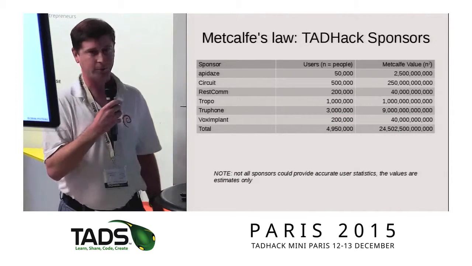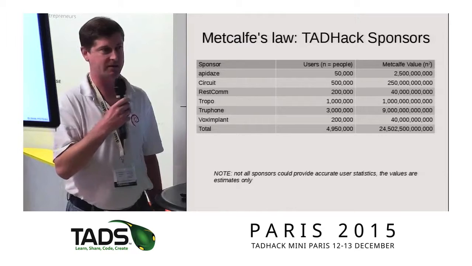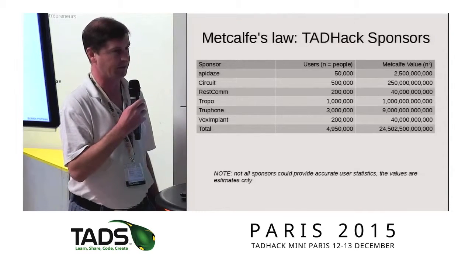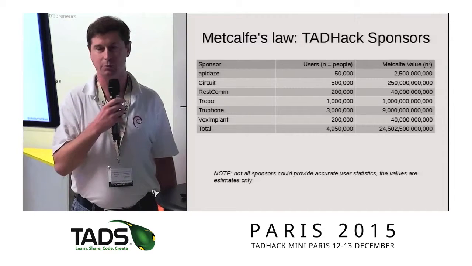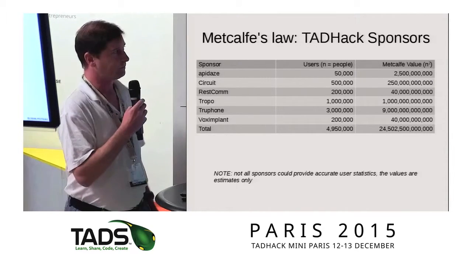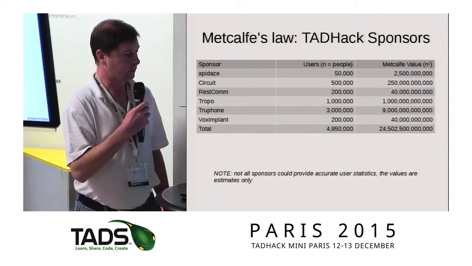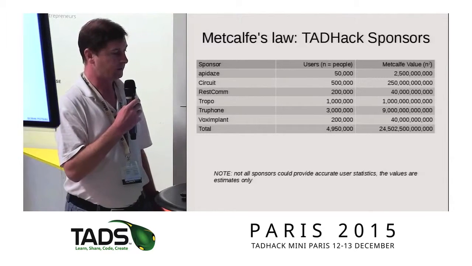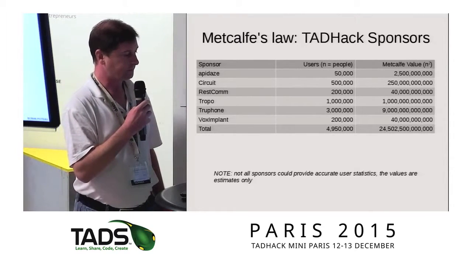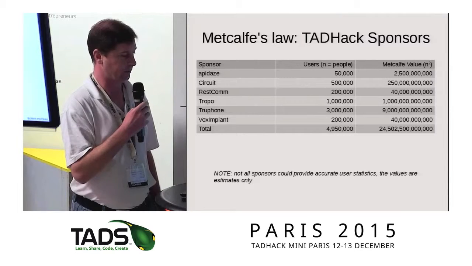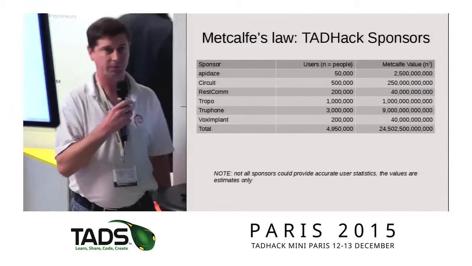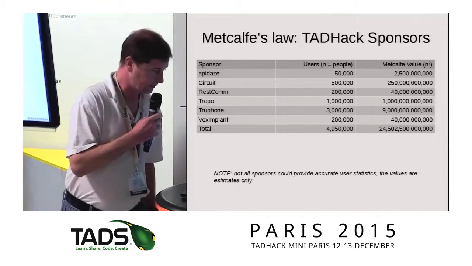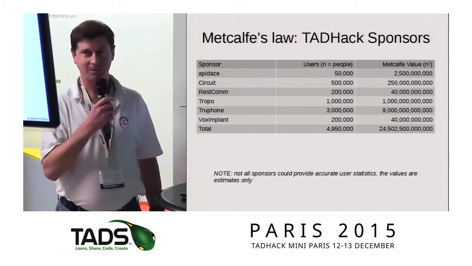So I went through a few of the sponsors before just to get an example of how many users they have. These are not all real figures. Some of them are just guesses or approximations. But if you add them all up, individually, the biggest one is TruePhone with about 3 million users. So their value, using Metcalfe's law, is about 9 billion.